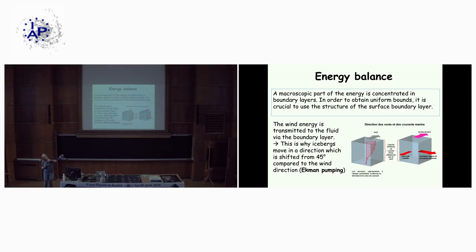So if the wind blows like this, the iceberg will go like that, which is a little bit surprising. But this is due to the fact that the iceberg is mostly immersed, and in this boundary layer the velocity changes very rapidly. So the velocity a little bit under the surface is not in the same direction as the velocity on the surface. This is the way Ekman pumping was discovered, I think, one century ago.